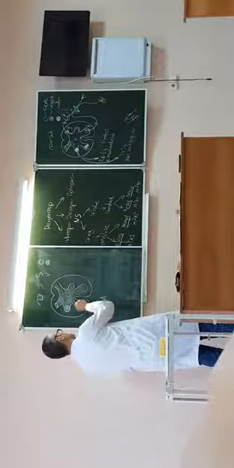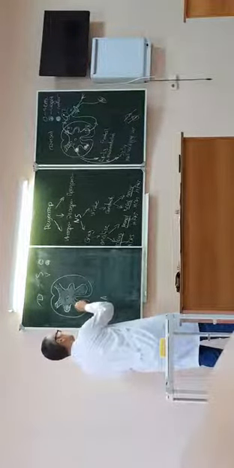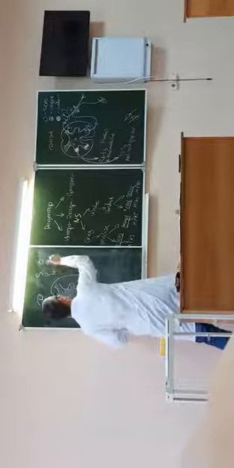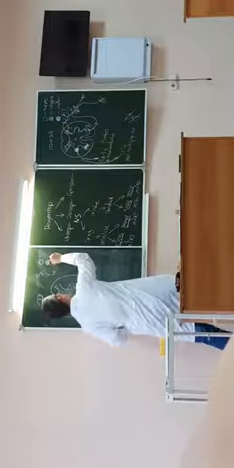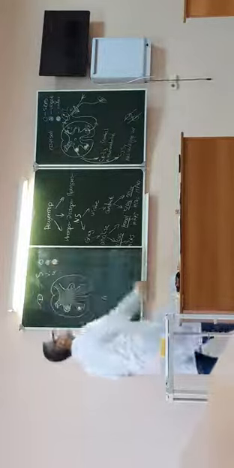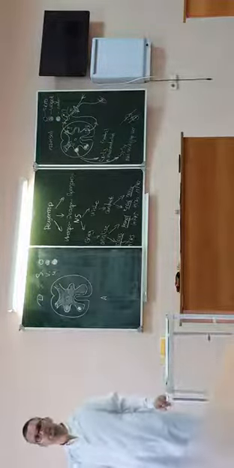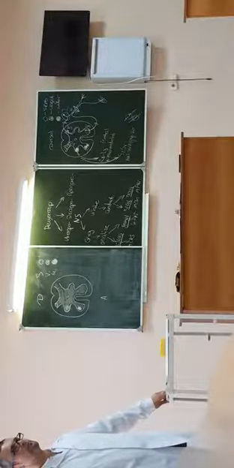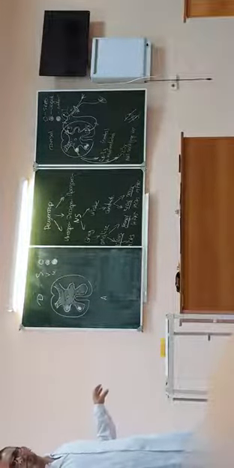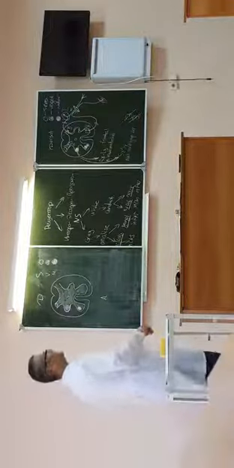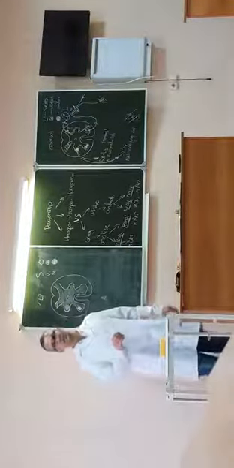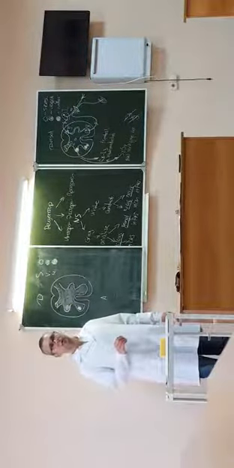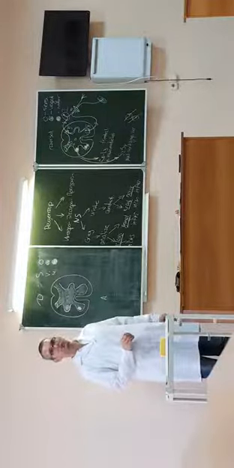Motor nuclei are localized in anterior horns, and motor you have to draw like that. Did you understand the principle of this? Well, very good. Now, you must know exactly names and functions of all nuclei of spinal cord.